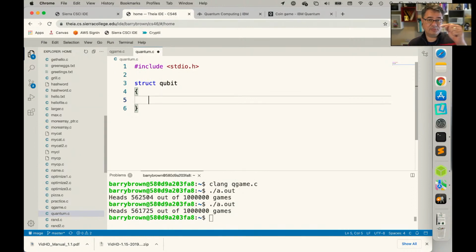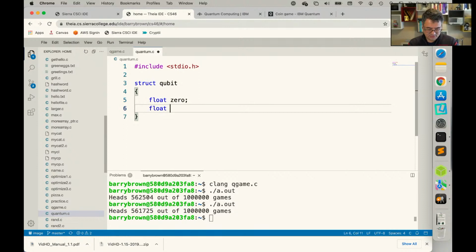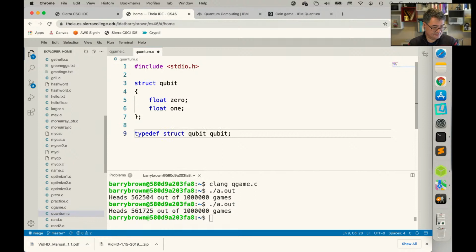It'll hold a number that represents how far onto the 0 axis we are and how far on the 1 axis we are. And let's make each one of those be a float. And then we'll give it a shorter name as well. So we can just say qubit.